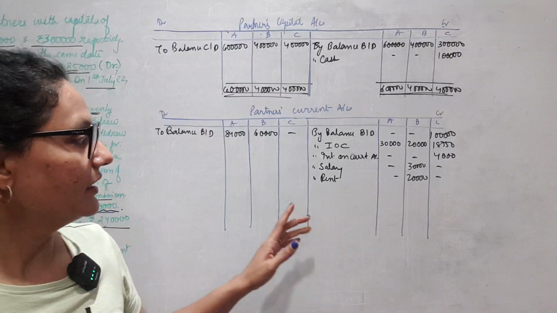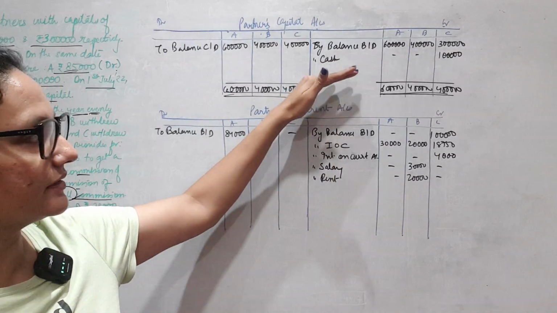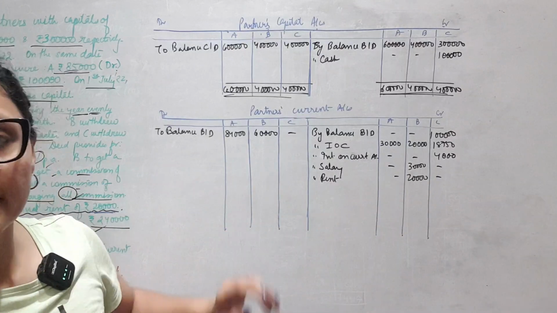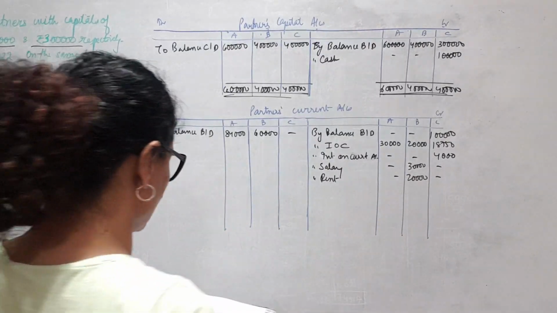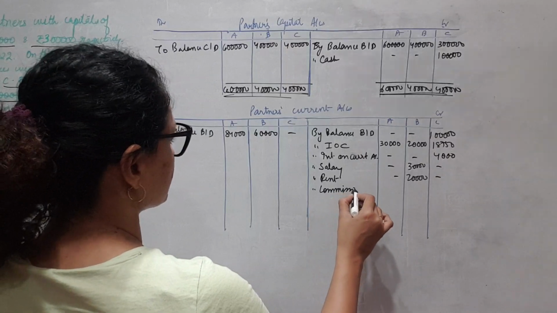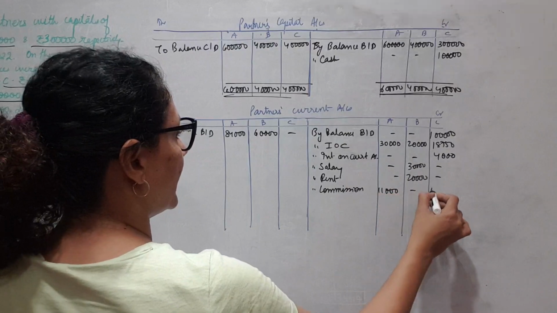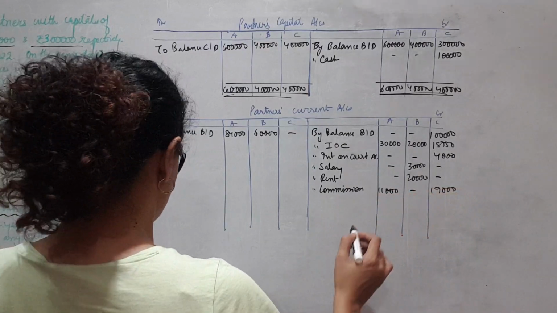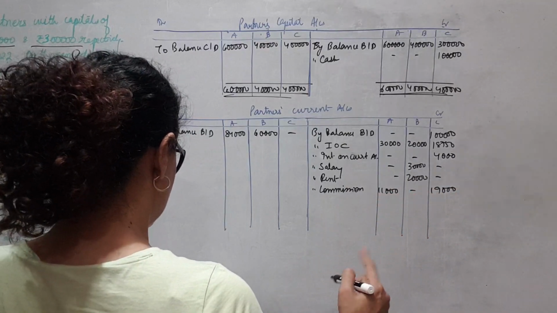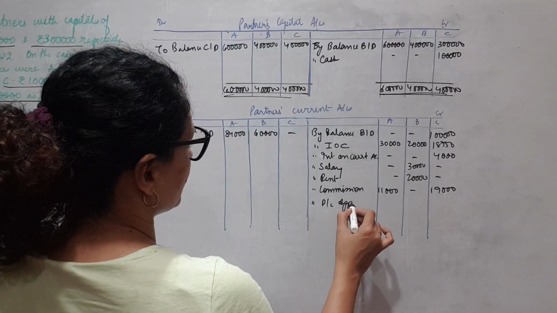Alright, this is an amount that he is supposed to get. This will not go to capital since this is fixed. Rent will come to the credit of B, salary also. Then they had commission, so commission. A had got 11,000 and C had got 19,000. Yeah, current, salary, rent, and lastly P&L appropriation account. Why?